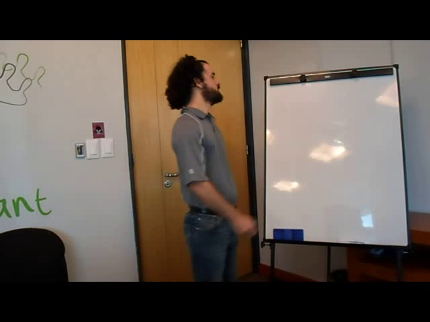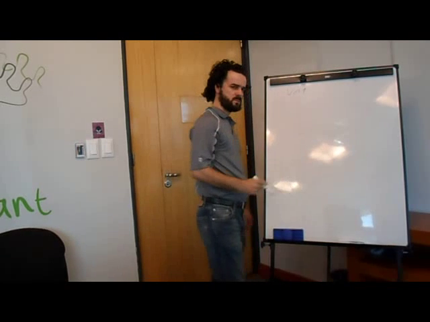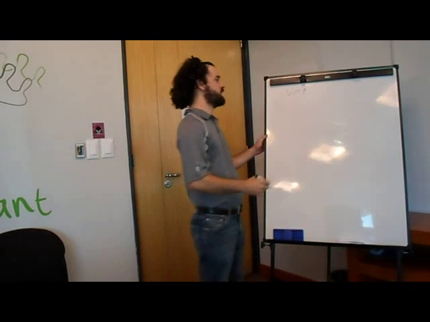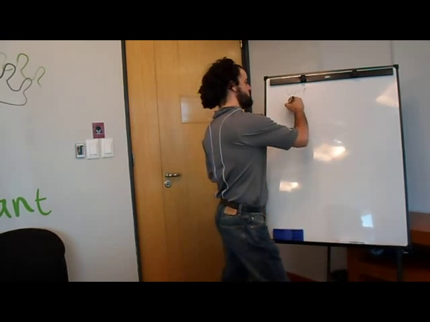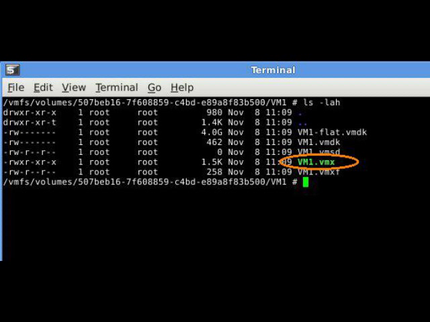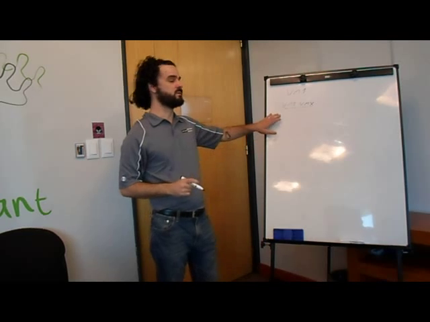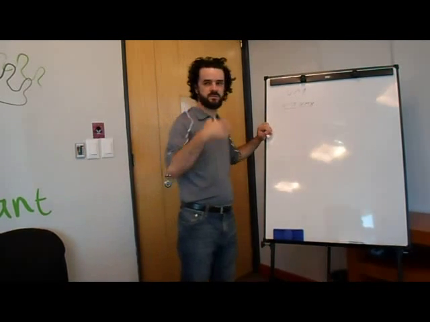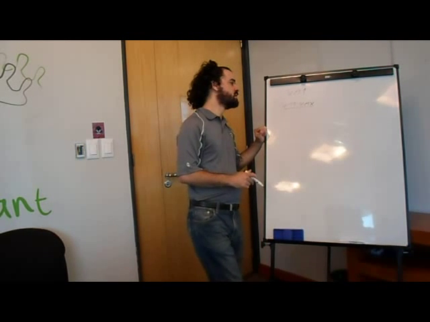We will take an example, VM1, simplifying things. VM1 has the virtual machine file vm1.vmx. This is the virtual machine configuration file, where all the information on memory, processors, how many disks and how many network adapters the virtual machine has.